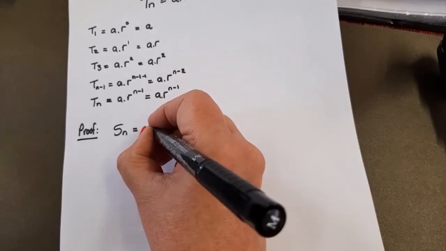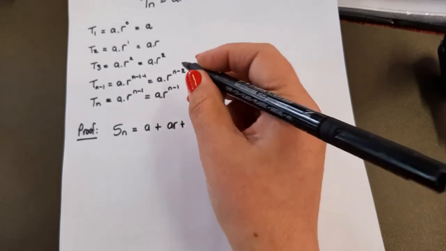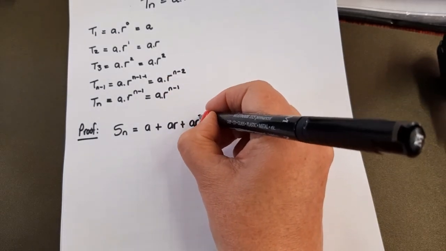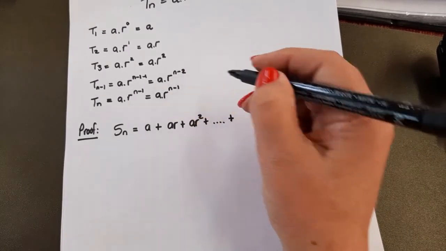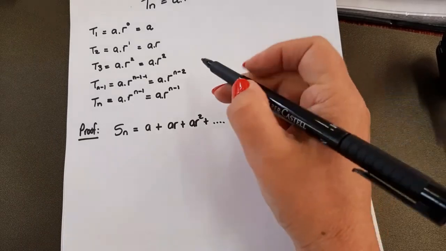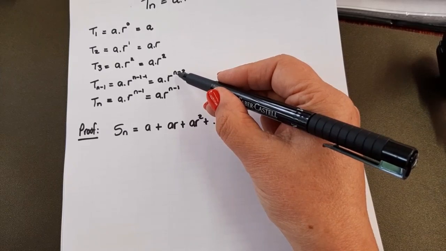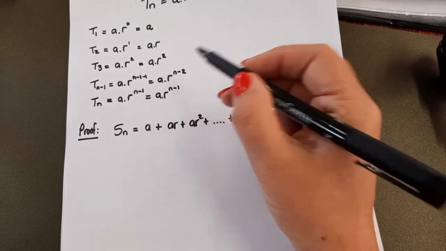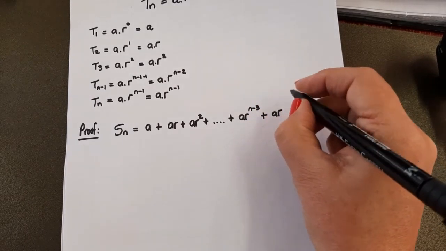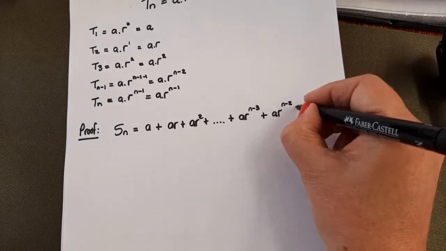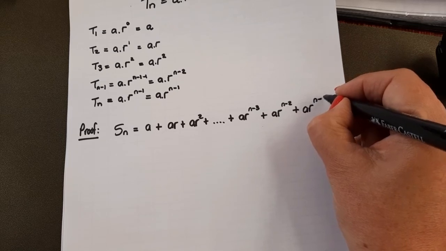So we start with a plus ar plus ar squared plus, carry on, ar to the power of, if this one is n minus 1 and the one before that is n minus 2, the one before this one will be n minus 3, plus ar to the power of n minus 2 plus ar to the power of n minus 1.